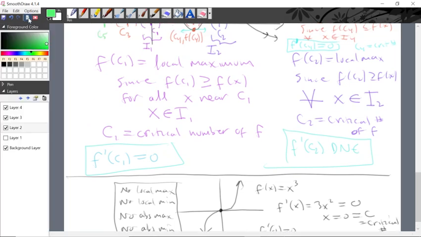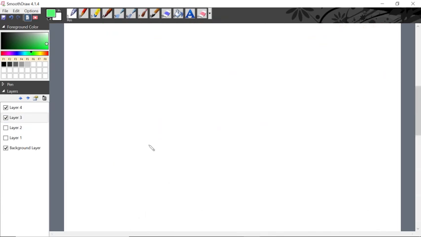Let's take a look now at a symbolic function and start trying to answer the question of where you would find the local and absolute maxima and minima of a symbolic function. The first one I'll give is going to be a piecewise function.